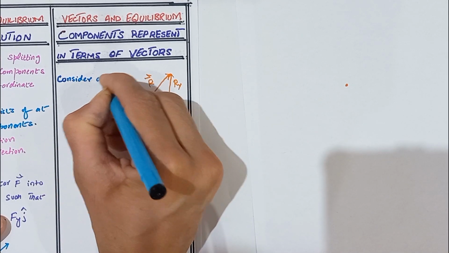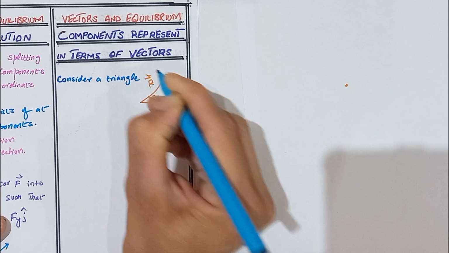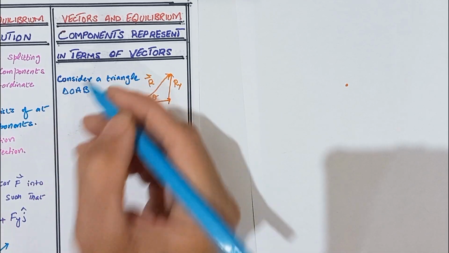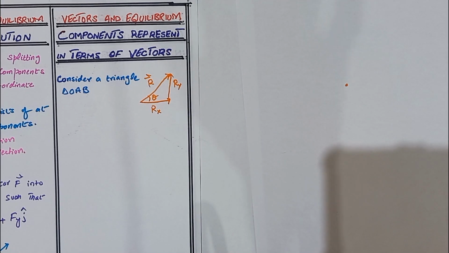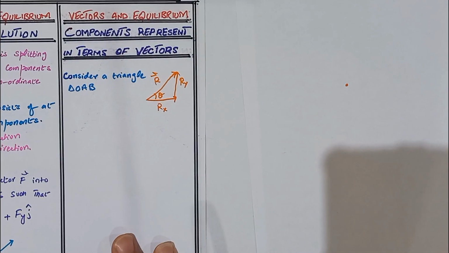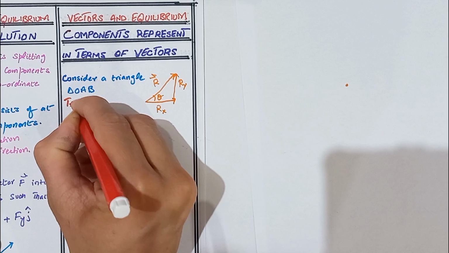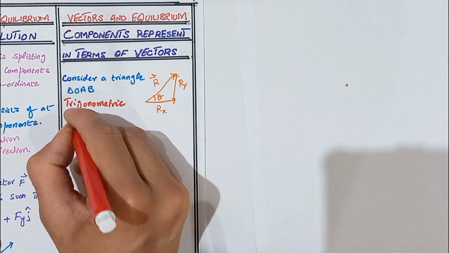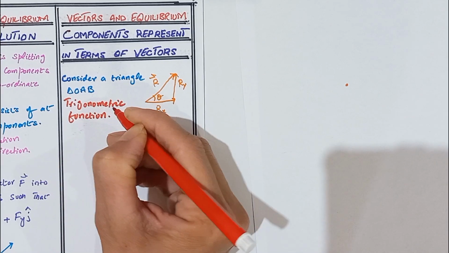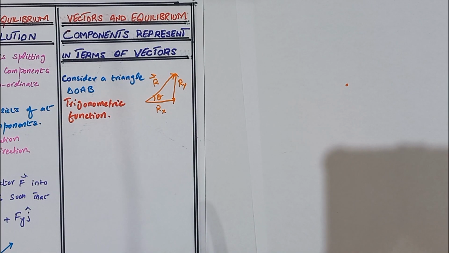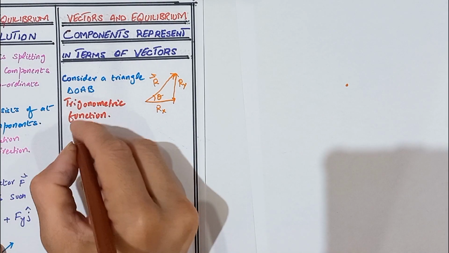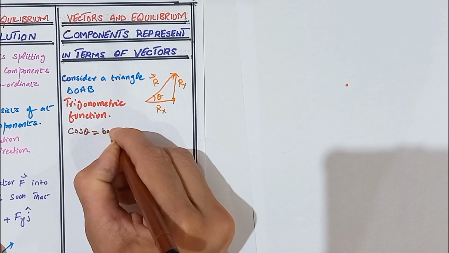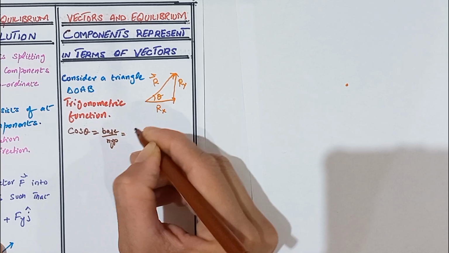Consider a triangle OAB. Here we use the trigonometric function, that is, cos theta is equal to base over hypotenuse.